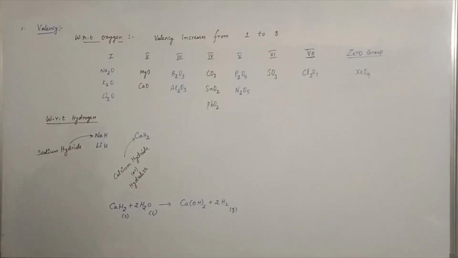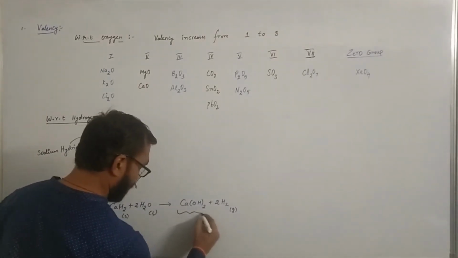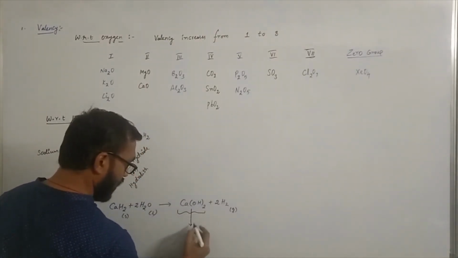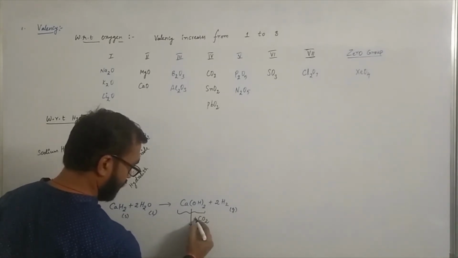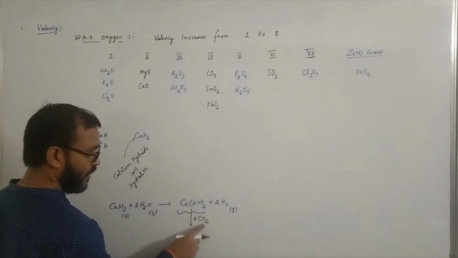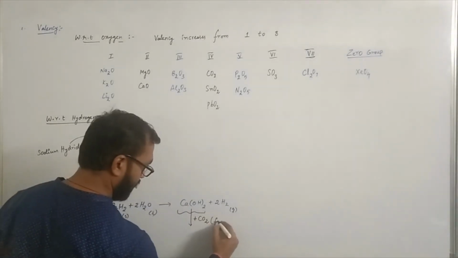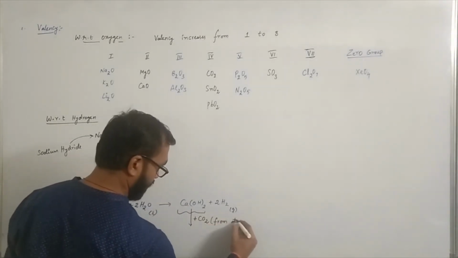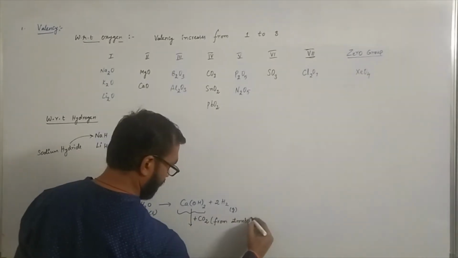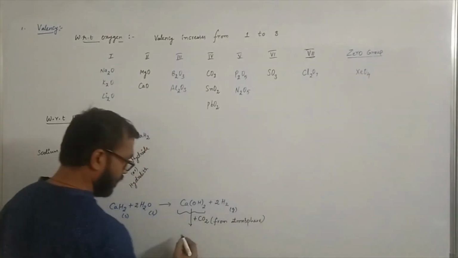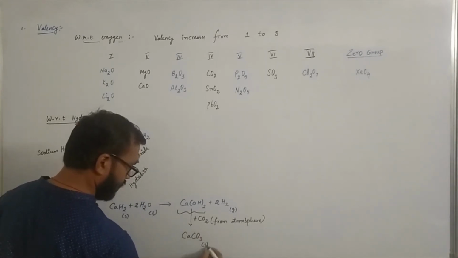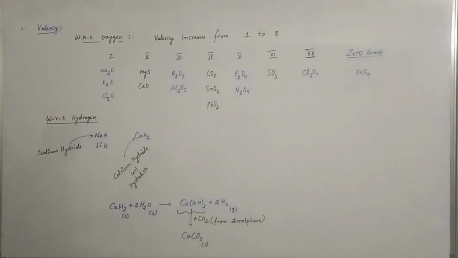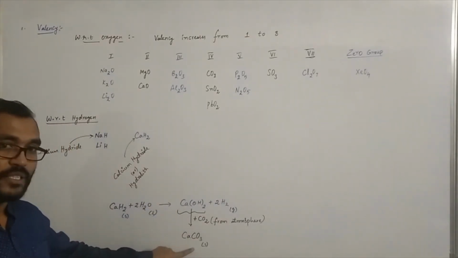Now, this calcium hydroxide readily absorbs carbon dioxide from atmosphere to form calcium carbonate.